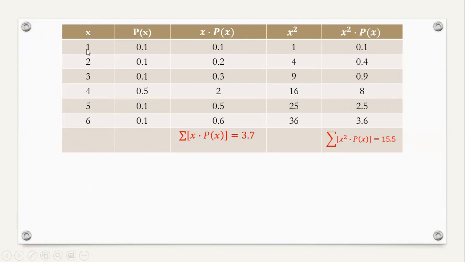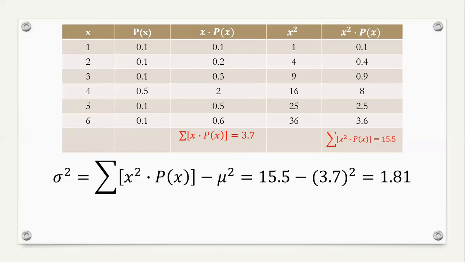So 1 times 0.1 is 0.1, 2 times 0.1 is 0.2, 3 times 0.1 is 0.3, 4 times 0.5 is 2, 5 times 0.1 is 0.5, 6 times 0.1 is 0.6. And then all of this must be added to get the summation. So this is equivalent to 3.7. So the expected value, answering question number 1, is equal to 3.7.